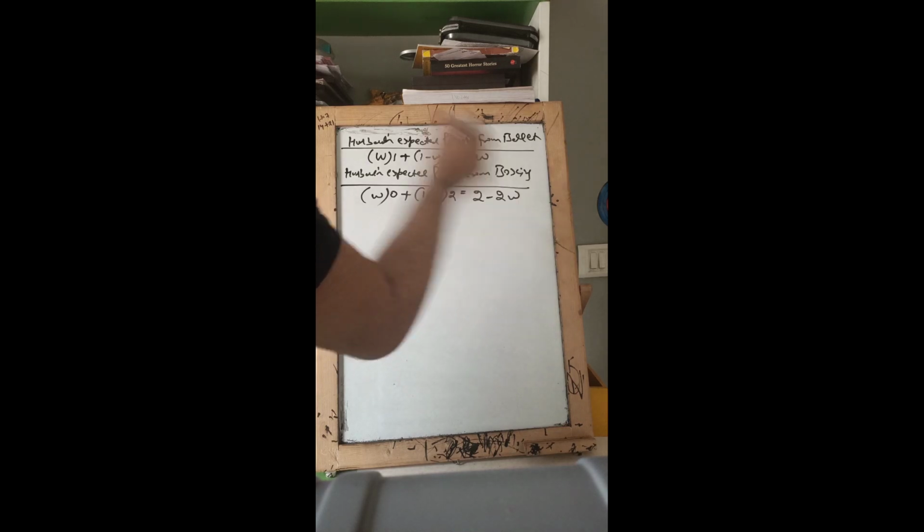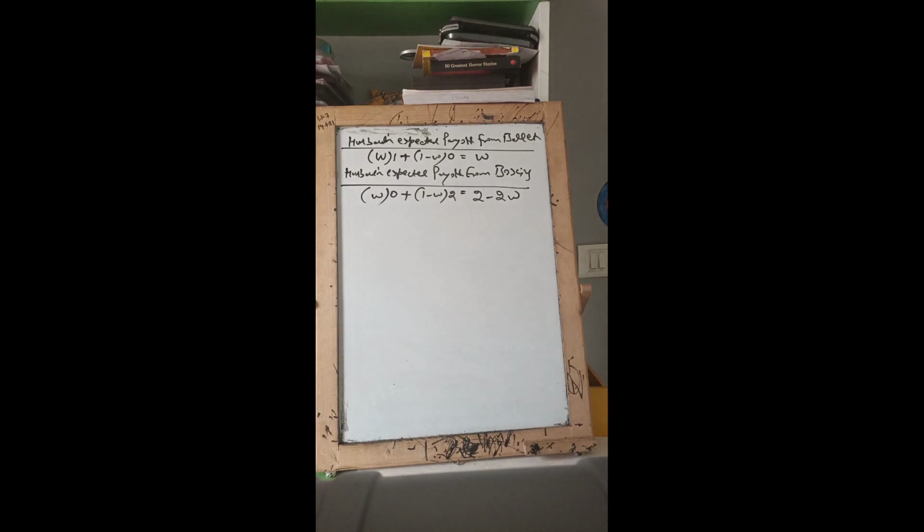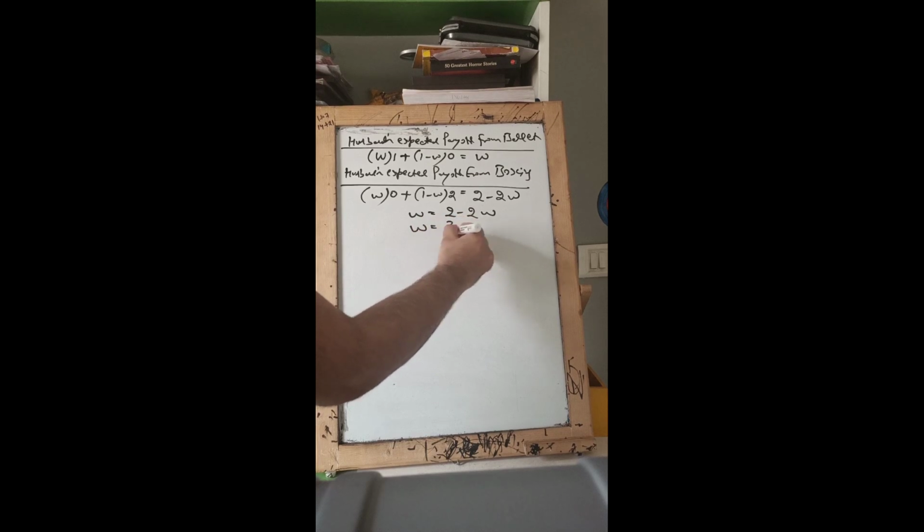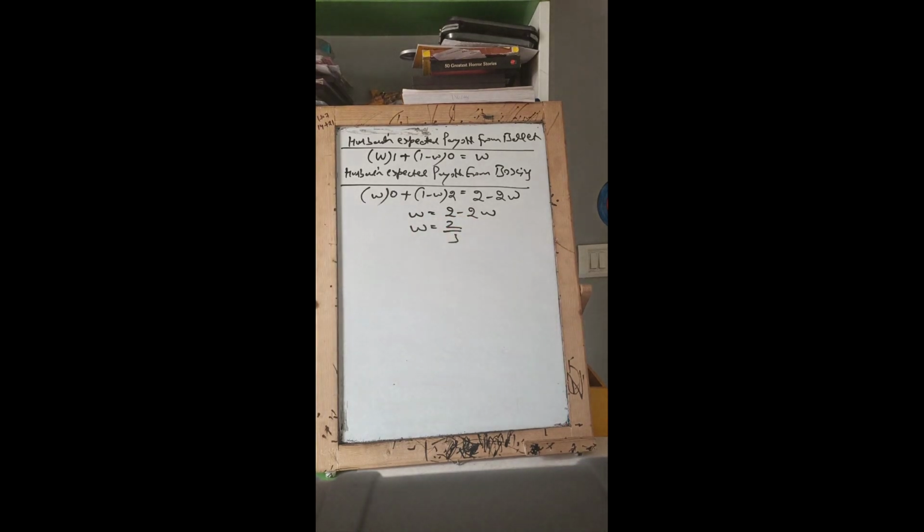Solving it leaves us with 2 minus 2W. Now, just like we did in the case of the wife, we have to make the husband indifferent between these two possible outcomes, or the possible values of expected payoffs. Doing that gives us this. So we have W is equal to 2 by 3.